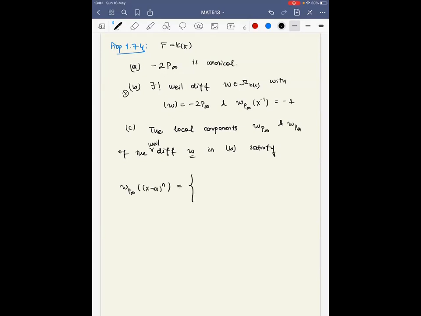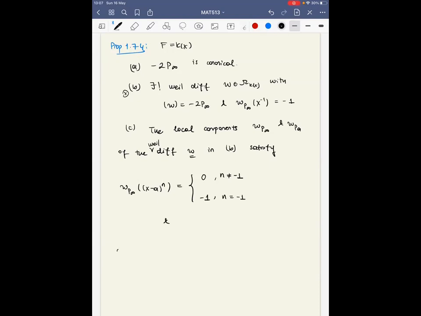So these are the functions x minus a to the n, and we will see that when n is different from -1, this local component is going to be 0, and when n is equal to -1, this is going to be -1.